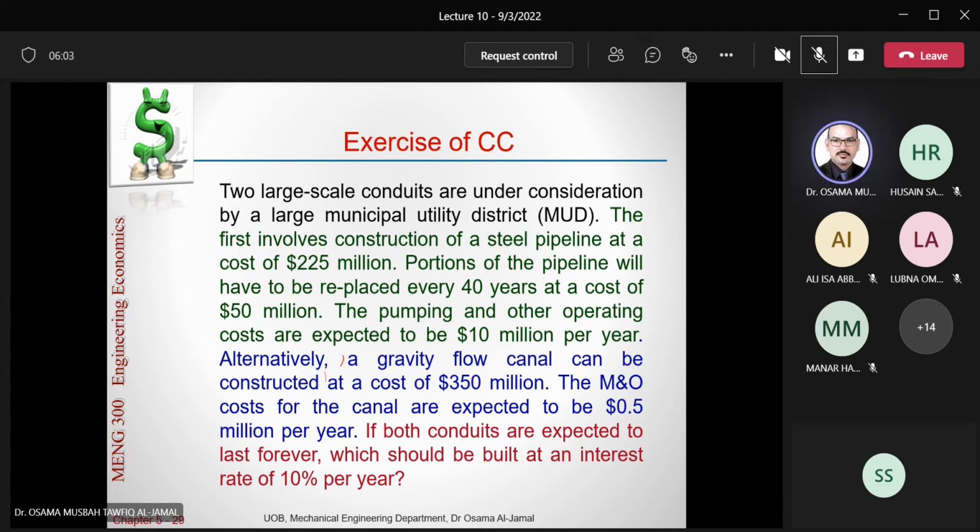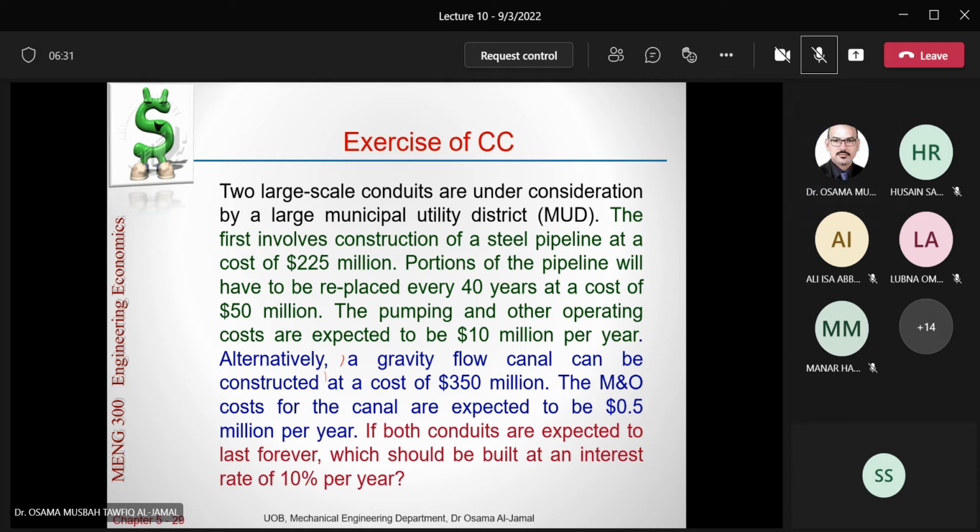Life is too large, more than 100 years, sometimes 100 years or more. Sometimes just by saying forever, we're going to consider it infinity. We know nothing is infinity, but in our calculation, we're going to consider it like that. Why? Because anything after this will be negligible.